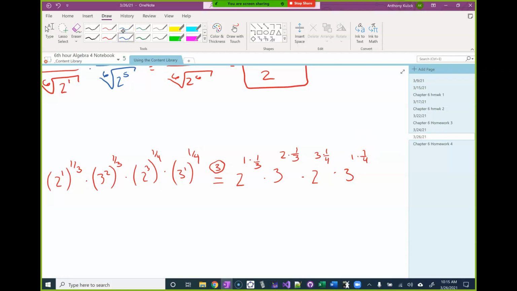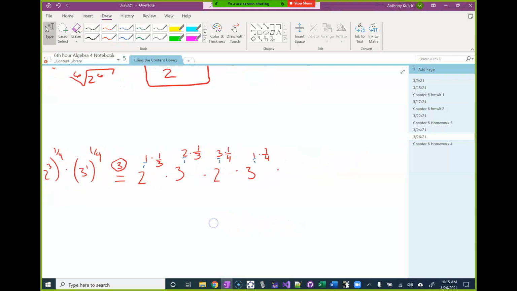And remember, to multiply two numbers, we multiply the tops together and the bottoms together. So I'm just going to take each of these whole numbers and think about them as over 1. So that gives me 2 to the 1/3 times 3 to the 2/3 times 2 to the 3/4 times 3 to the 1/4.